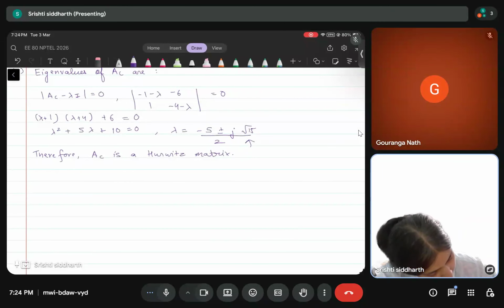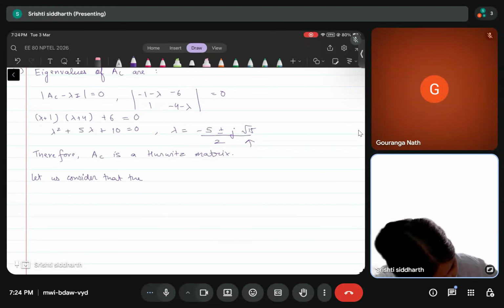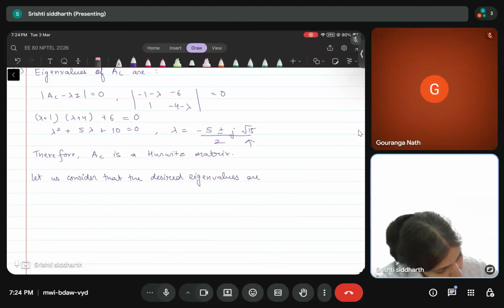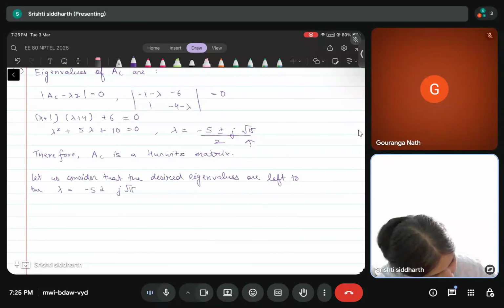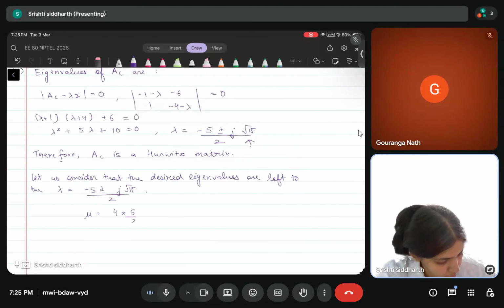So let us consider that the desired eigenvalues are minus 5 plus minus j root 15 by 2, and it's 4 times, so the real part is going to be 4 times 5 by 2.